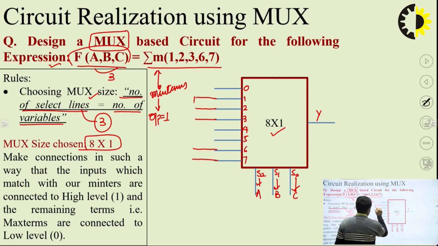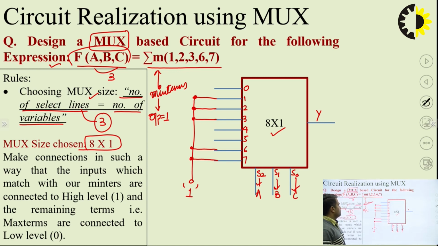Once I have separated them out, I have to connect them together and connect them to logic 1, because at these 5 locations I am expecting my output to be high. So whenever any of these 5 inputs is selected by this multiplexer, the output will be high.